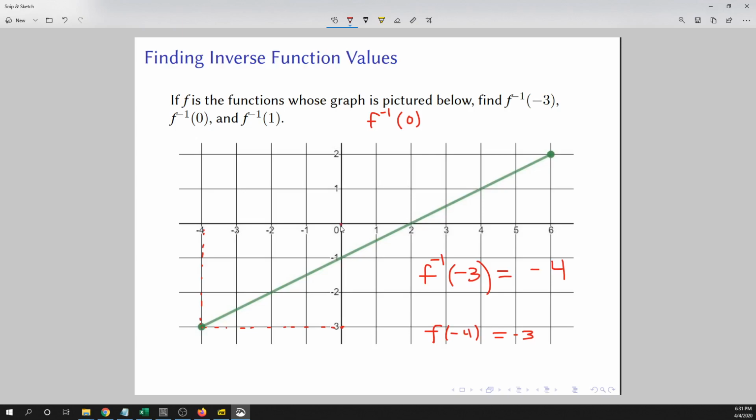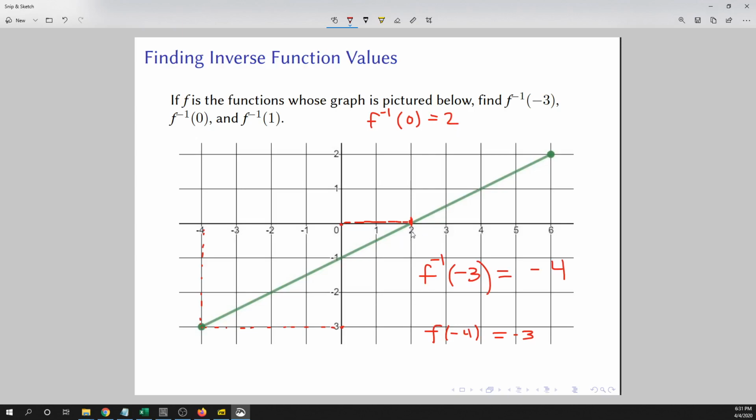And then we would go left or right until we hit the graph, which is right here. And then we would go up or down until we got to the x-axis. Well, it just so happens that we are already on the x-axis, and so there's nowhere to go. We're already here. And where are we on the x-axis? We are at 2. So f inverse of 0 equals 2.